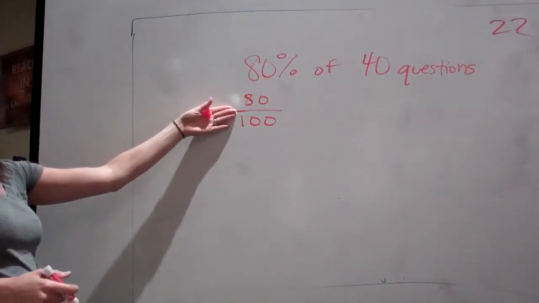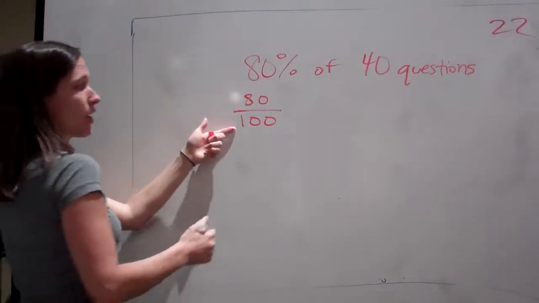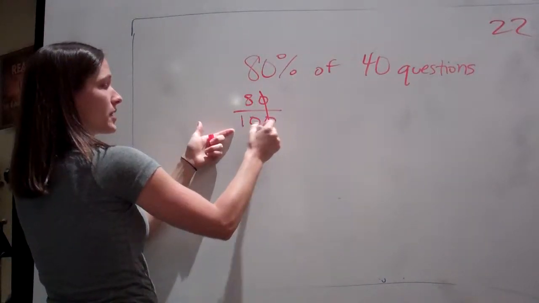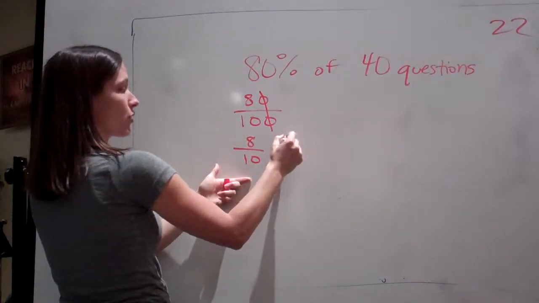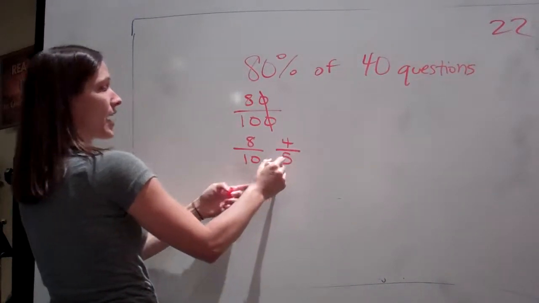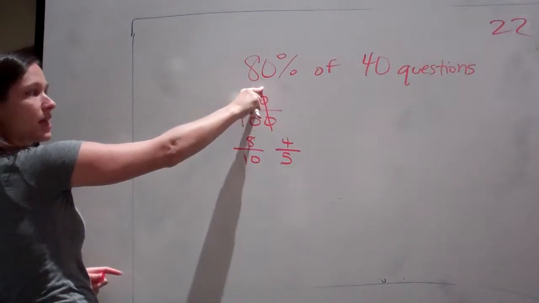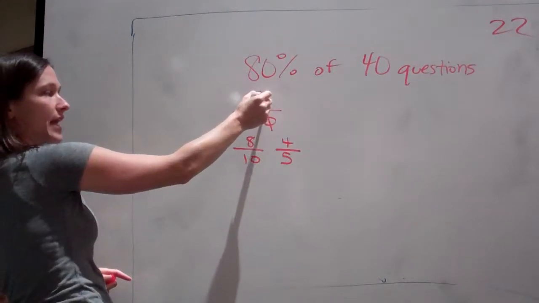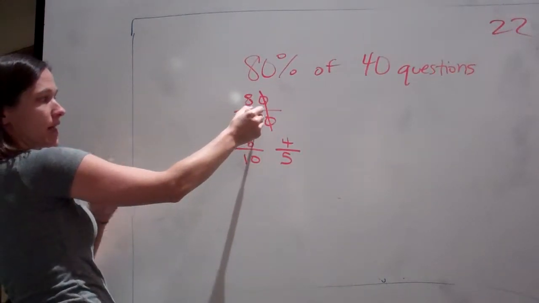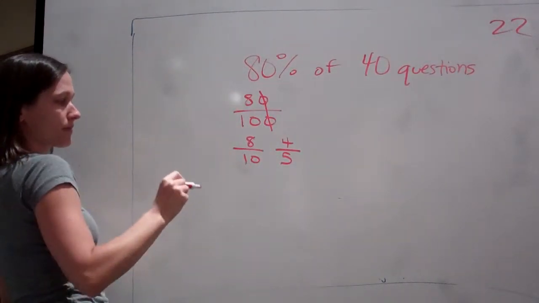Okay? I'm going to go in and reduce it, and 80 over 100 now becomes 8 over 10. How I got this, basically I divided by 10. 80 divided by 10 is 8, and 100 divided by 10 is 10.